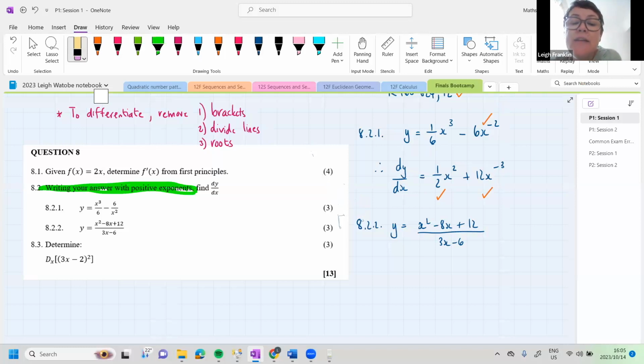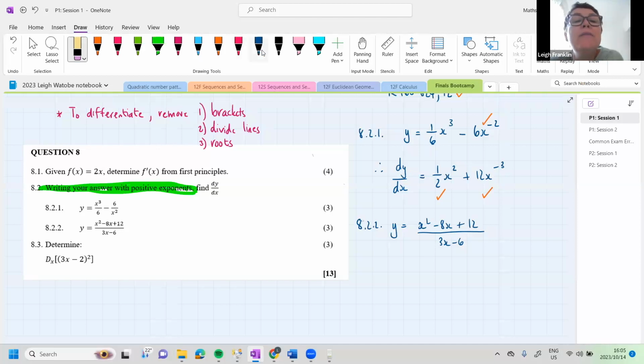They will never say that in the exam, and you do not have to write it with positive exponents. I promise you, I swear. You will get full marks for writing it with negative exponents. It's not an expectation. It is when you are in grade 9, 10, and 11, but in grade 12 and calculus, it is not an expectation.